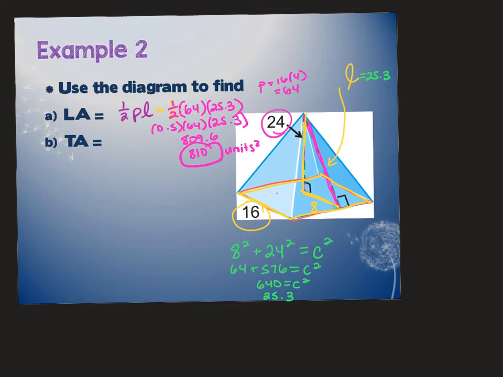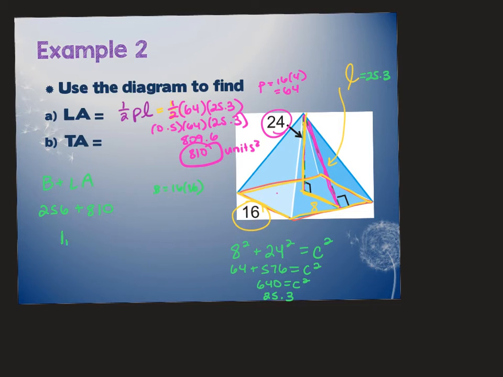Now the rest is just like it was before. The total area is B plus the lateral area. The B is 16 times 16, which is 256, plus the lateral area, which was 810.